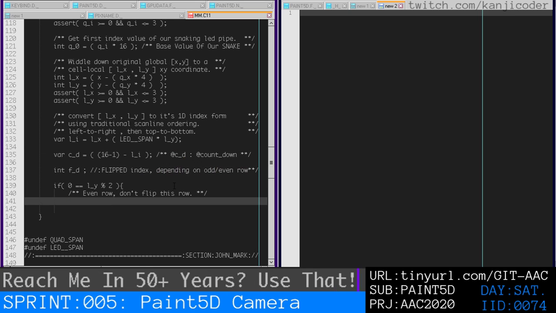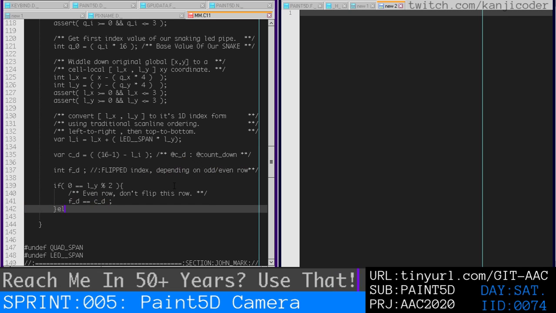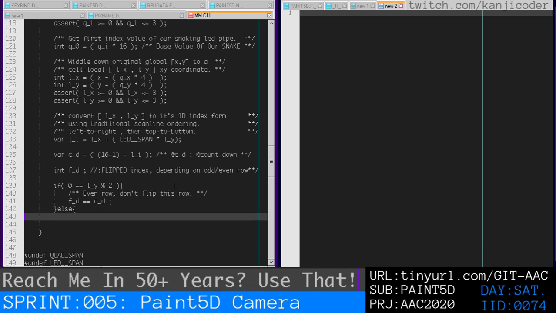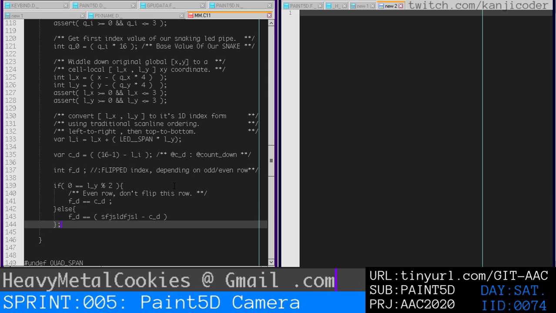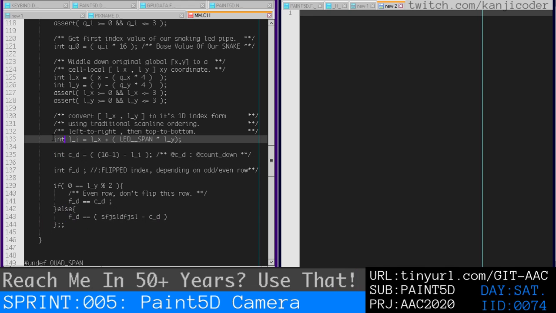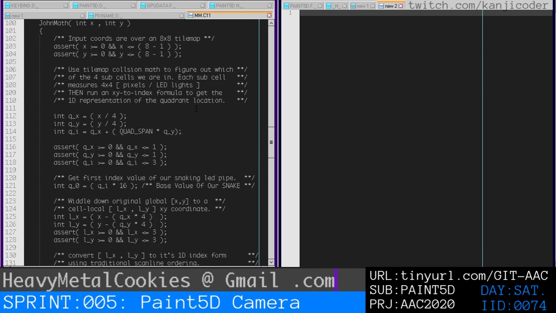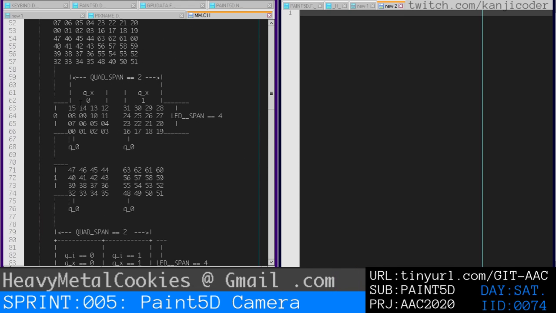So we're going to take FD equals CD, else FD equals something minus CD. To figure out how to flip it, though, that's going to depend on what number we're at, right?